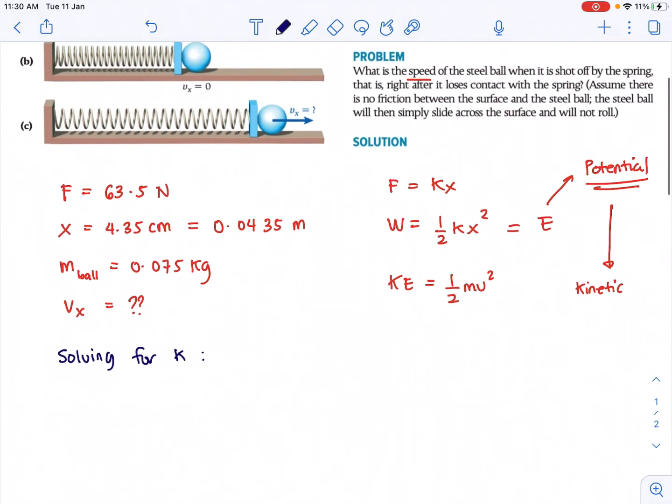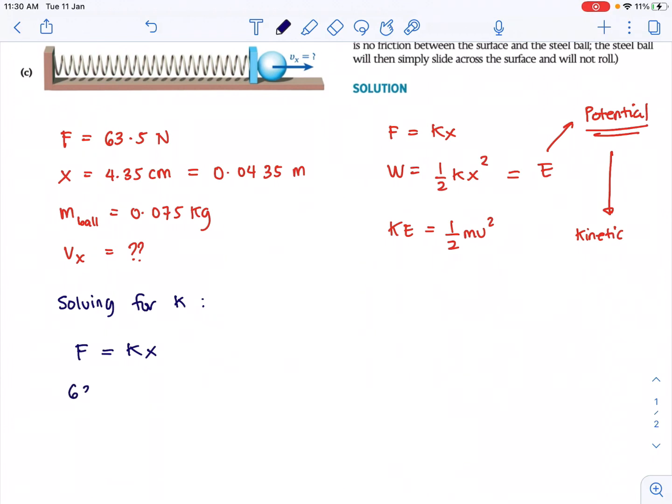So we have our formula, F is equal to Kx. Our F, which is 63.5 newtons, is equal to K, which is what we need to solve for, multiplied by the compression, in this case 0.0435 meters. So our K is equal to 63.5 divided by 0.0435.